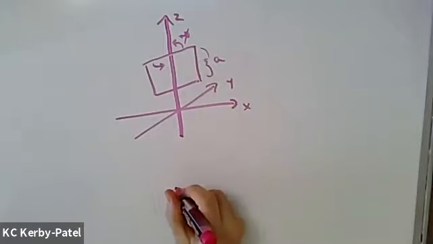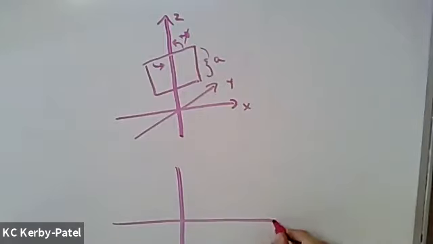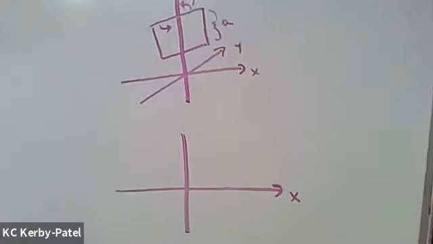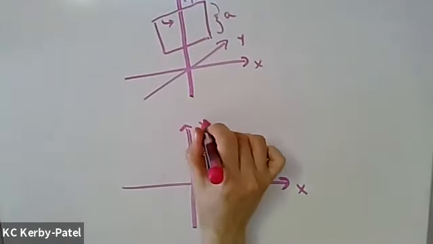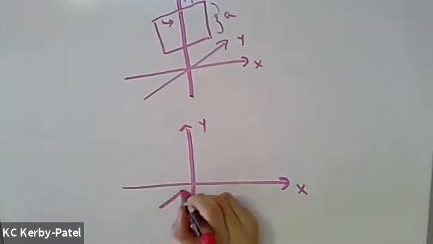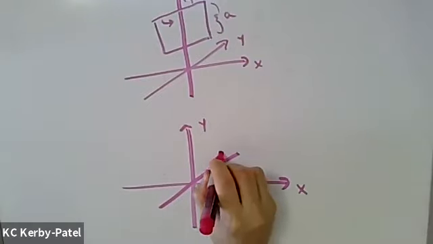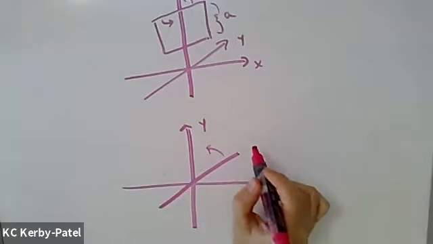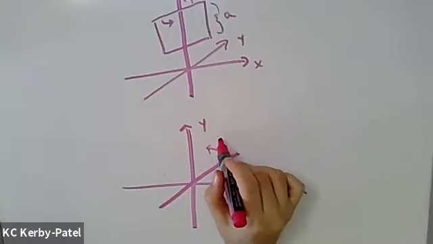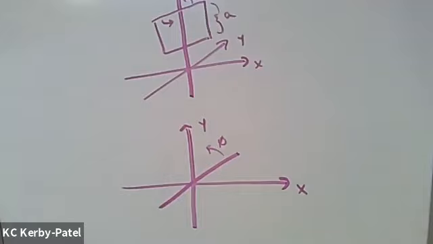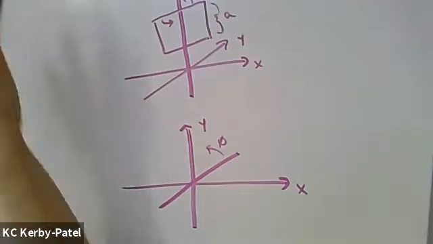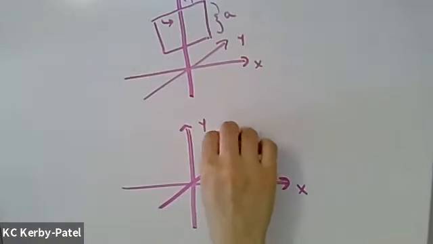If I am looking down at it, I can also draw it in the XY plane. There's X, there's Y. Here's my loop, and it's sort of moving in that direction. And it has a particular speed that it goes.